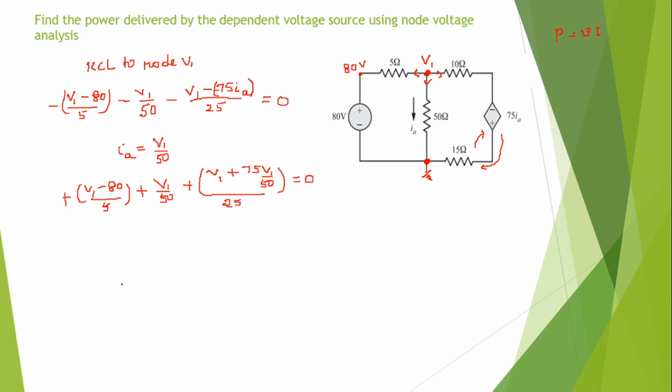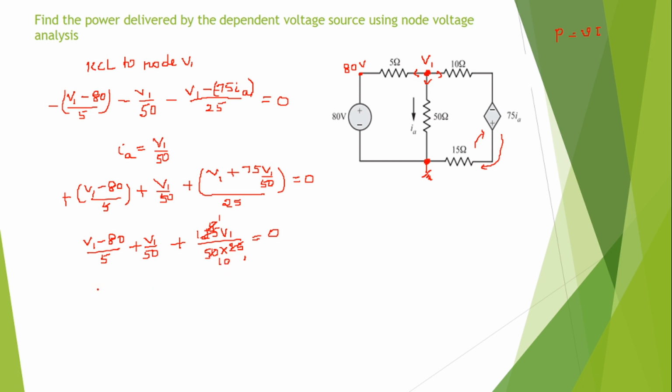So now we have (V1 minus 80) by 5 plus V1 by 50 plus, taking 50 common, 50 V1 plus 75 V1, that is 125 V1, divided by 50 into 25, equal to 0. 25 ones are 25, 5s are, so 5 ones are 5, 10s are.